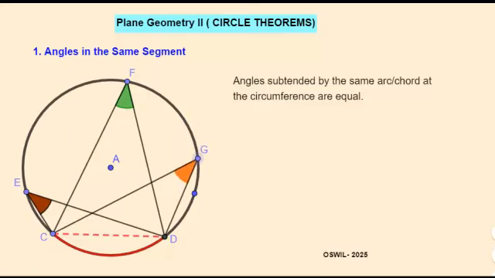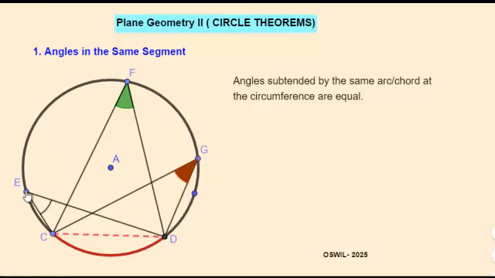Now let me move the angle and see. Good. It is equal. Now let me move it. It is equal. So no matter where any of the angles would be, one thing you should know is they should be at the circumference of the circle and also in one segment.